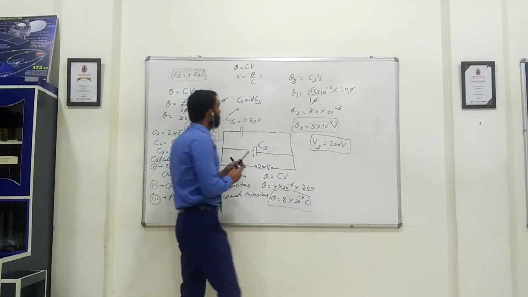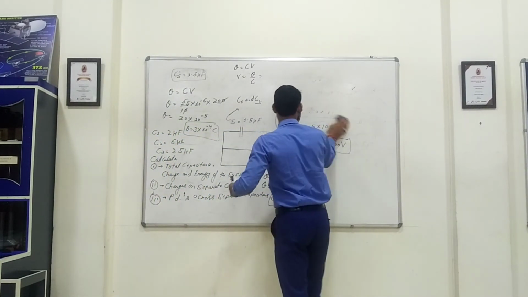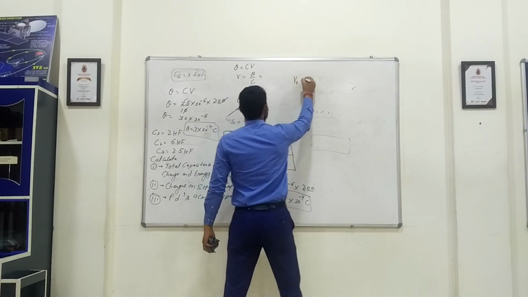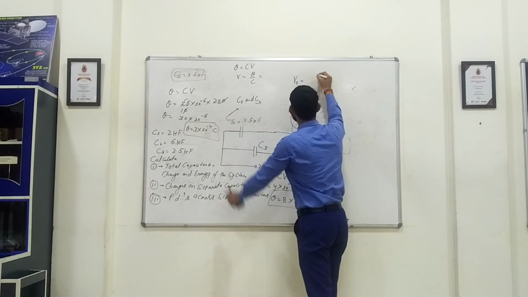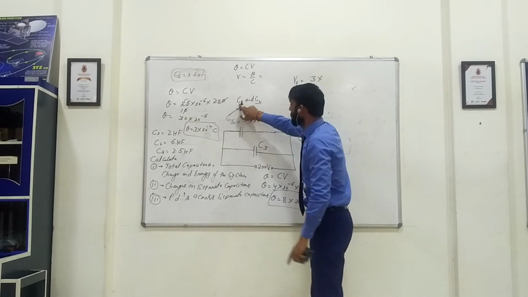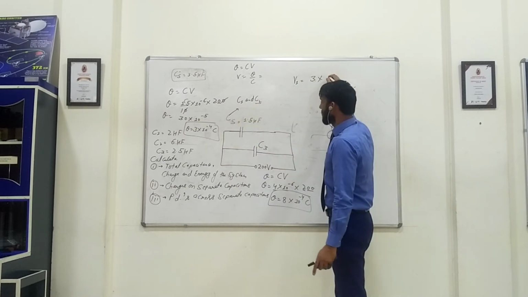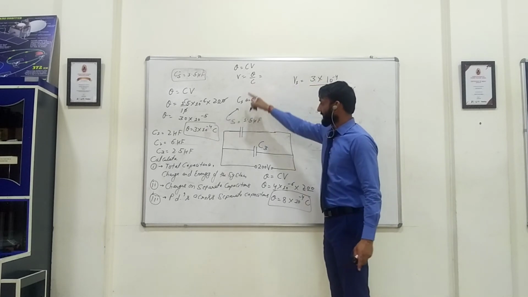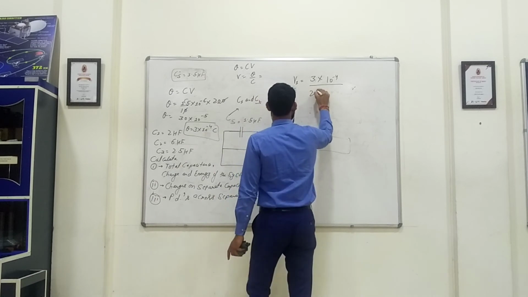So if I have to calculate V1, it will be Q upon C. Q is this charge which is passing through these two and also through the combination of these two: 3 into 10 to the power minus 4 upon C. How much is C1? 2 into 10 to the power minus 6.